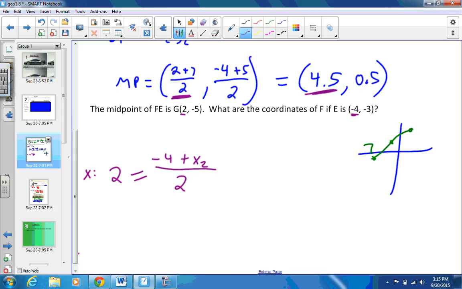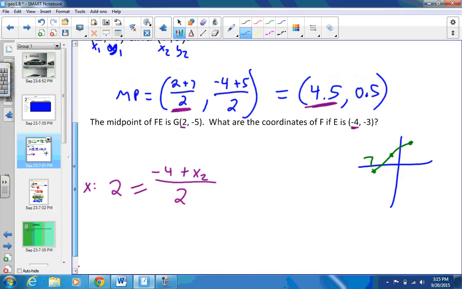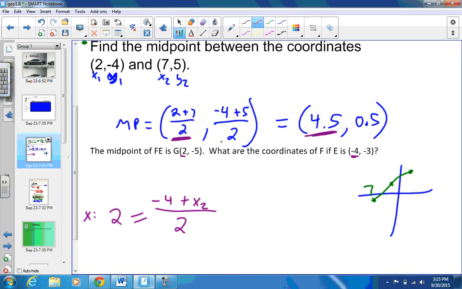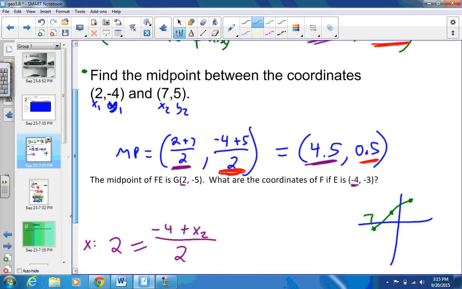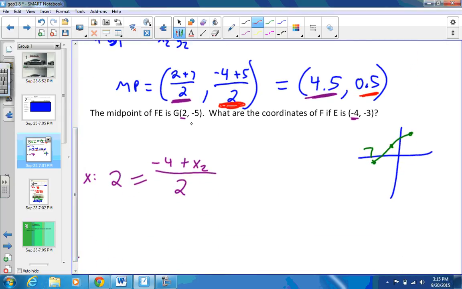Okay, and for the y, I'll use red. There's our y value up here. So our y value in this example, we know is going to be -5. That's a funky looking y.